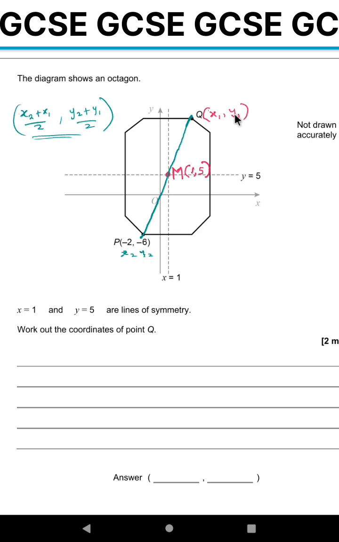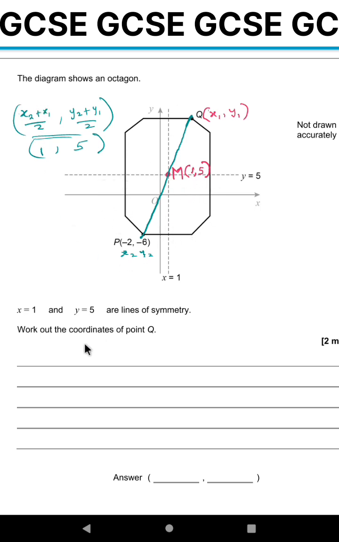And so if we apply this formula, it therefore means that this midpoint, this midpoint 1, 5 should be equated to this formula. Okay, so now let's do that.